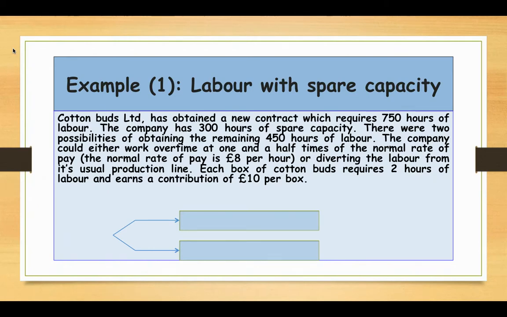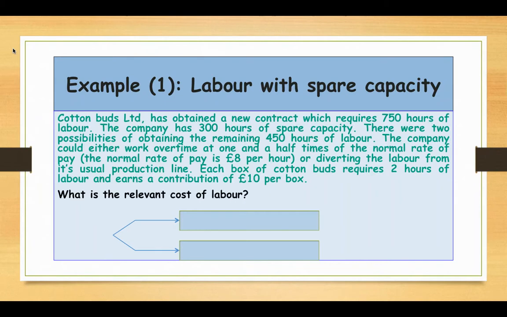So first we'll see what is the relevant cost of labor. We all know we need to calculate the relevant cost of 450 hours only. So the first possibility, overtime working, 450 hours.